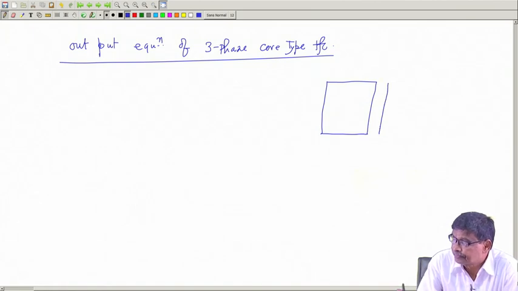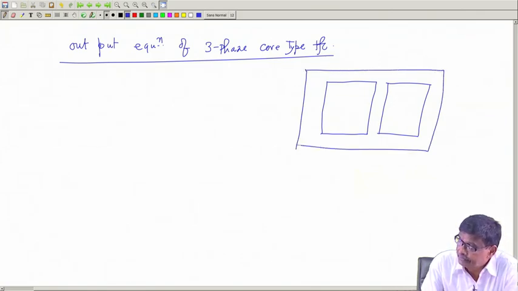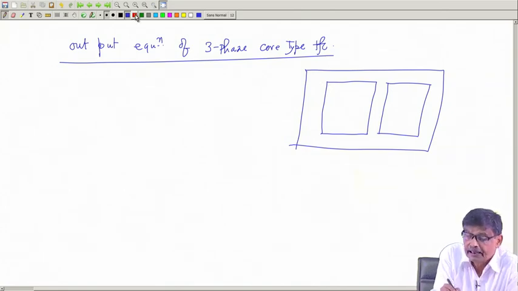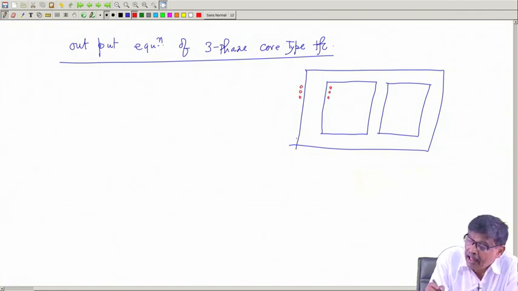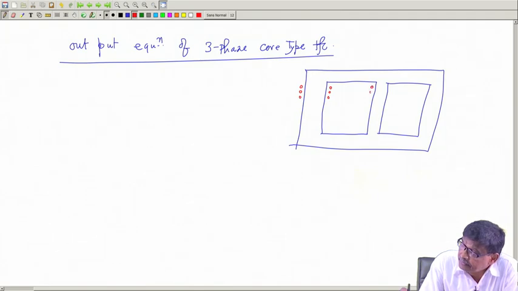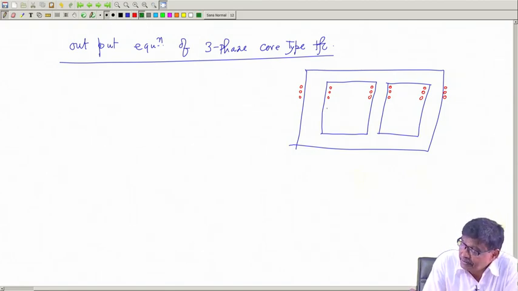This is the thing. In a 3-phase transformer, there will be 2 windows like that. There will be, say, LV winding on each limb, for each phase, A phase, B phase LV winding and C phase LV winding, and HV winding will be here.